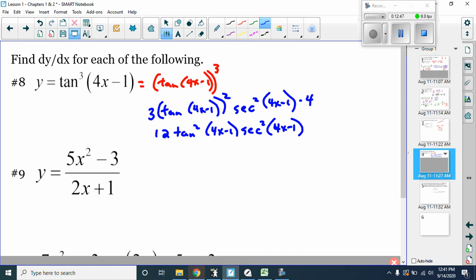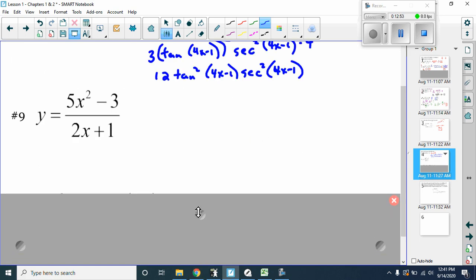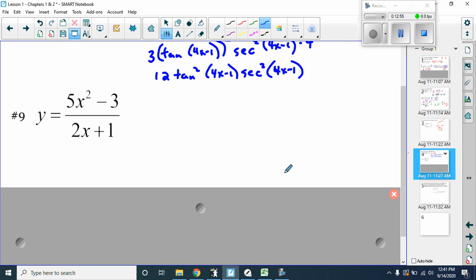Number 9 appears to be a quotient rule problem. y equals 5x squared minus 3 over 2x plus 1.